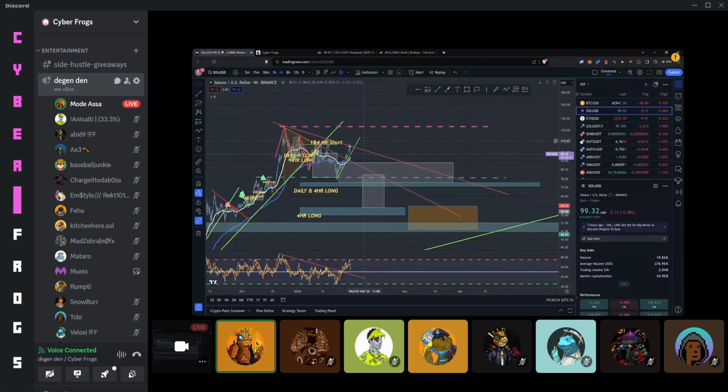If we do find resistance here, you see we got temporary resistance on the RSI, but that's short term, right? That's not the big orange line that takes a little time.